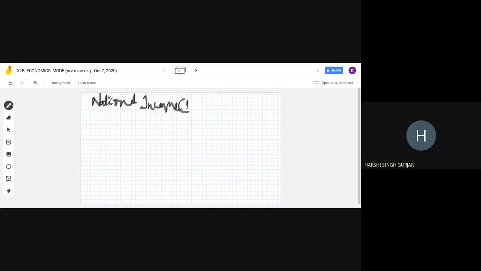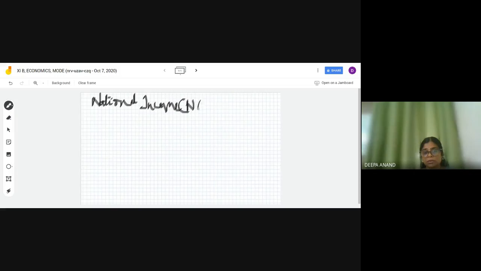NNP at FC. Very good. First of all, you give the heading value added method. I haven't given it, but you will write value added method. Then write national income, NNP FC.